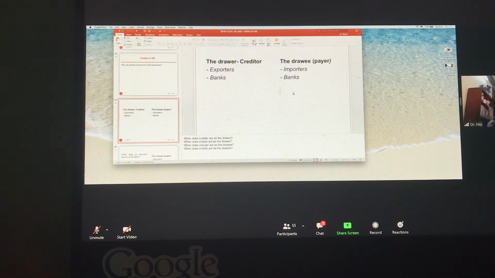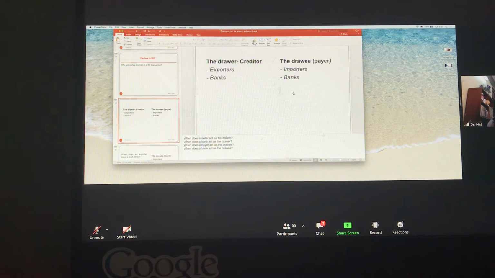So in the future, when you work for banks or enterprises, for example, import enterprises, you need to know in which case the exporter has to issue the bill.